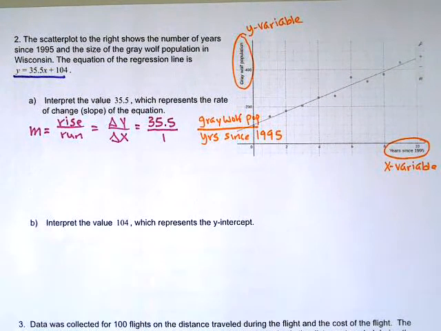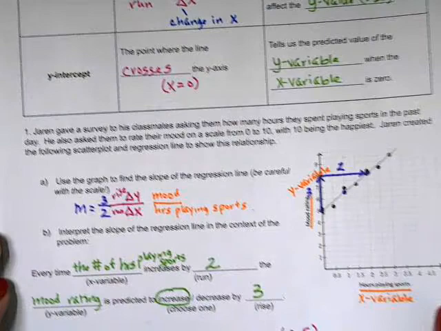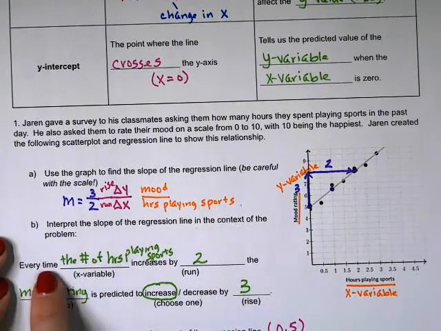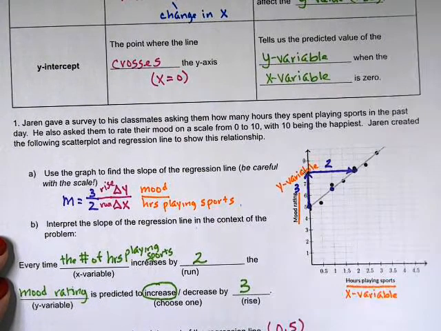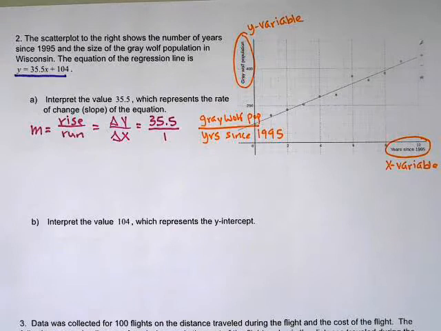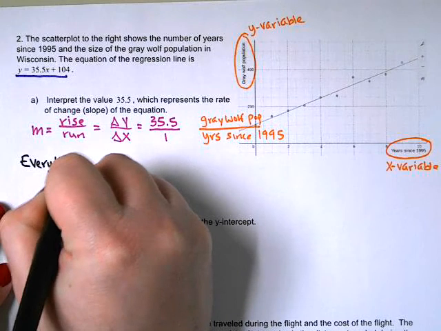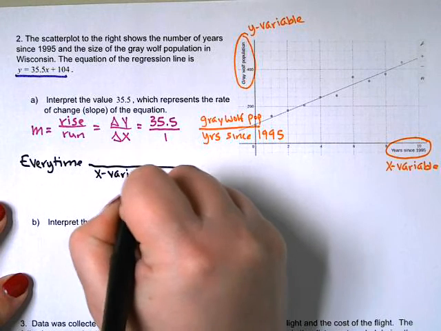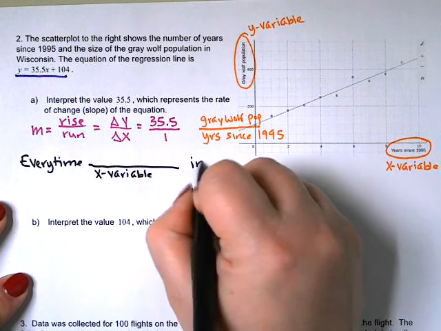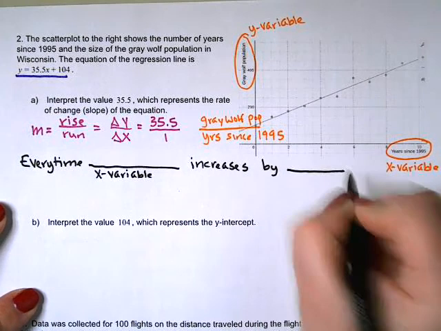So now we're going to take this and figure out exactly what this means. So we can use a very similar fill in the blank to what we did on this page. So every time the x variable increases by the run, so let's go ahead and write that part first. So every time the x variable increases by, what comes next? Run.